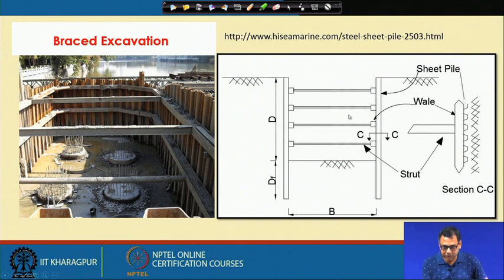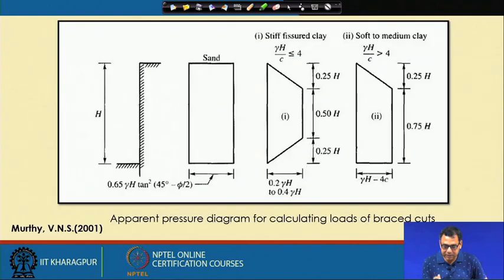So, it depends on the spacing between the struts, the construction time, and the rate of construction. Keeping all these things in mind, based on observation, they have proposed this type of distribution for different types of soil.